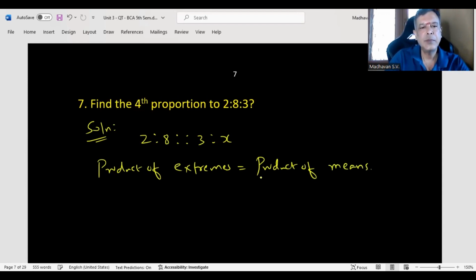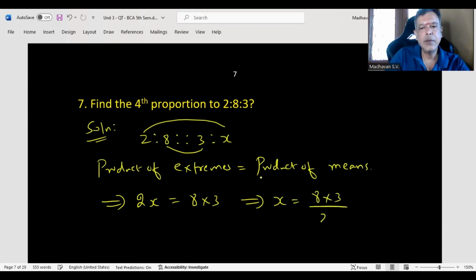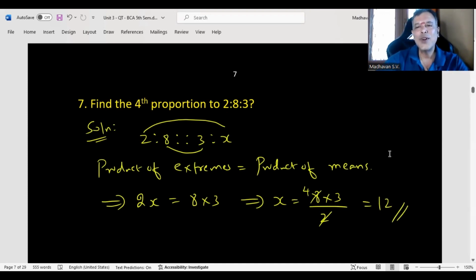So therefore, we will multiply these two extremes and these two means. It implies that 2 times X equal to 8 into 3. And that means X is 8 into 3 divided by 2. This goes with this 4 times. We get the result as 12. Let us move on to the next one.